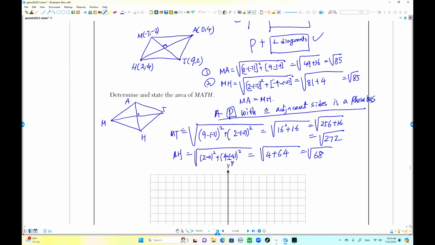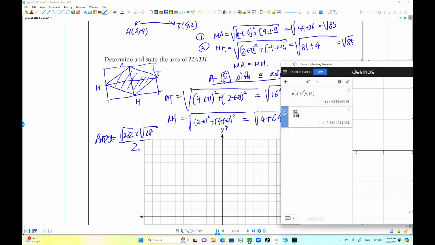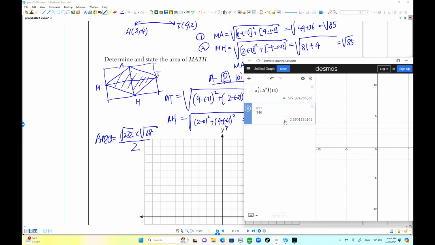What is the area of this one? Diagonal times diagonal, divided by 2. So the area equals the square root of 272 times the square root of 68, over 2. When you multiply these numbers, you get the area of the rectangle, but the rhombus is half of that, so we divide by 2. You can use decimals to find this.